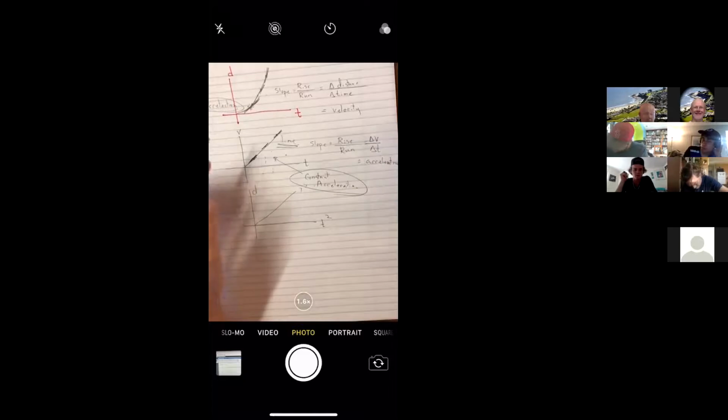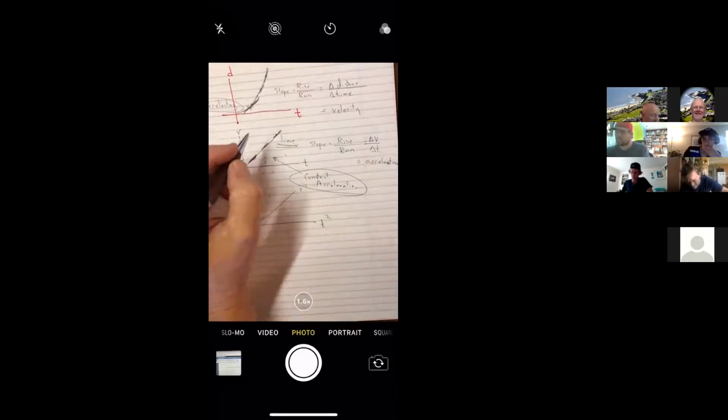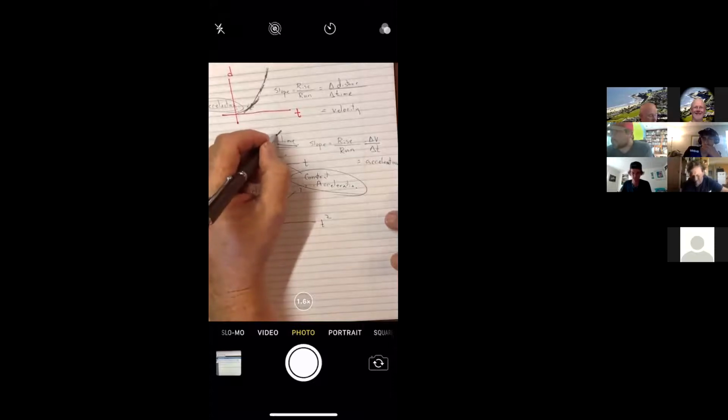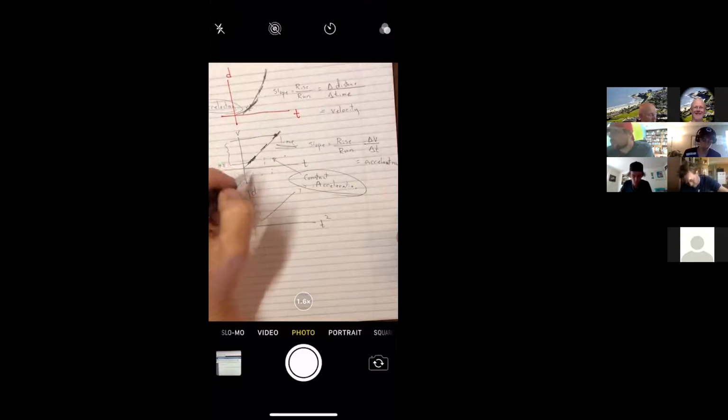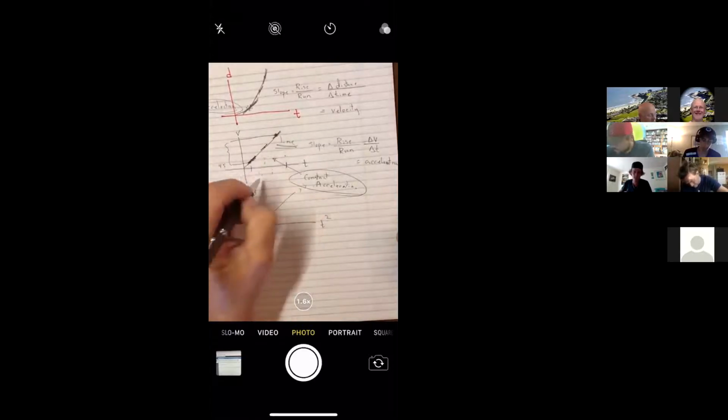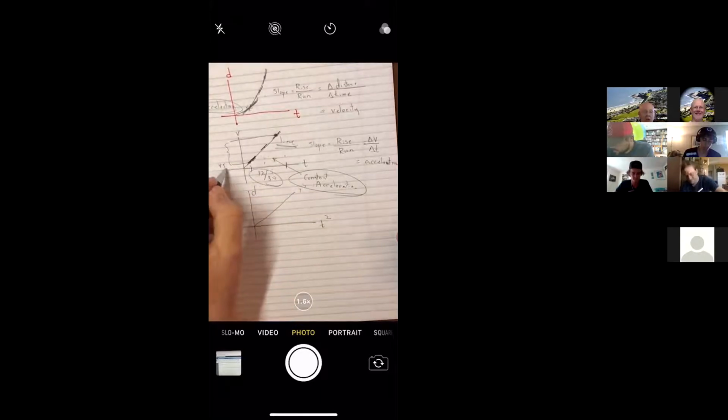And if I remember my numbers right from helping another student earlier in the week on this, if you take the last data point and the first data point in your chart, and for some reason I want to say the first velocity was 45 and the time was 12/30ths of a second. That's the run.